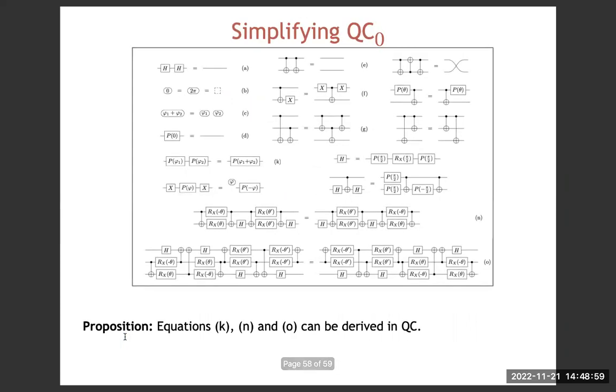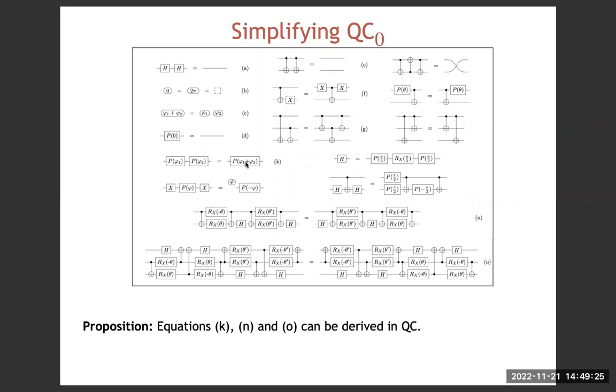Okay, so I think it's my last slide. Just a remark is that once we have this Euler decomposition, we can actually slightly simplify this QC0 axiomatization. For instance, this equation K here can be derived from the Euler decomposition.